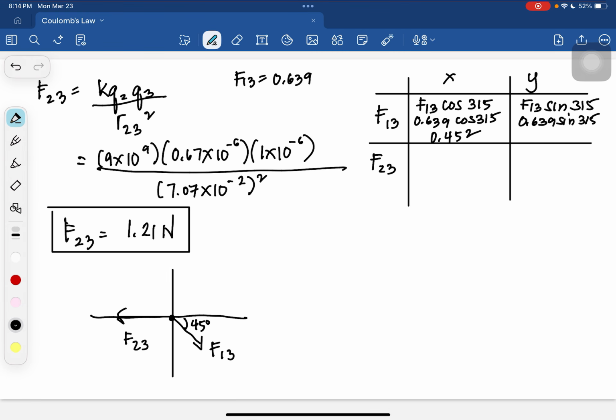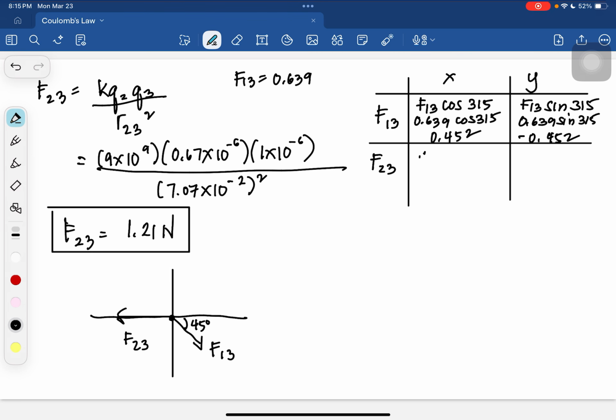And take note, it should be a positive x but a negative y. Let's see. So my 0.639 sine 315 is equal to, there, it's correct. It's negative 0.452.